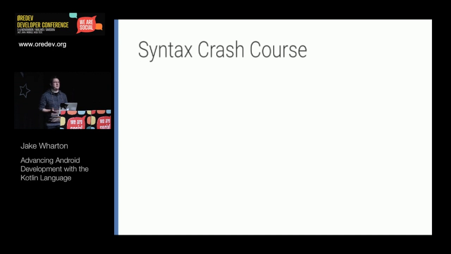The website and the tutorials are really great for going through this, but I didn't want to just jump into why the language is good for Android without going through some syntax that we'll see. And while I'm not going to cover everything, there will be points throughout the rest of the talk where I'll introduce some new syntactical elements.